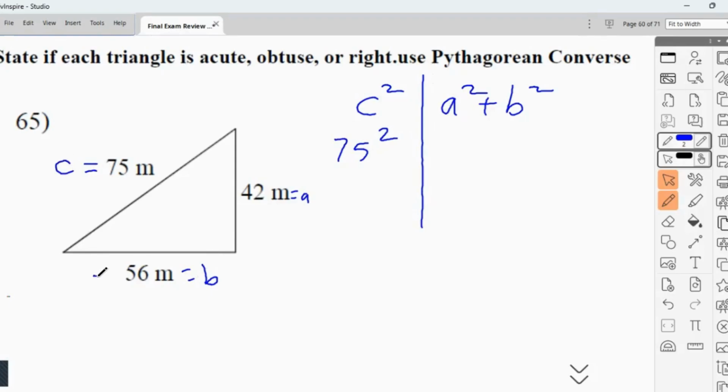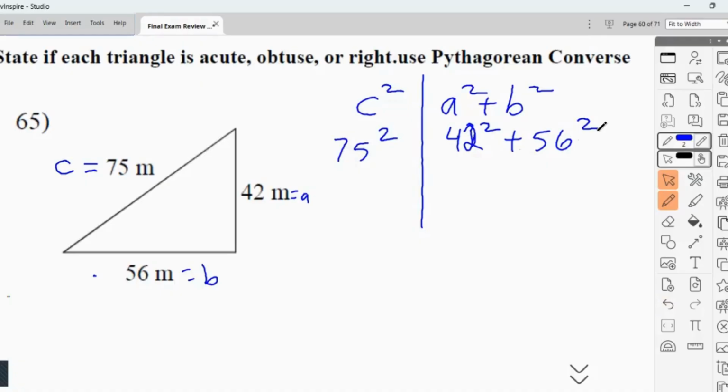Got it? So, we're going to compare this. Let's see. Put it here. 42 squared. Plus, and this is going to be 56 squared.